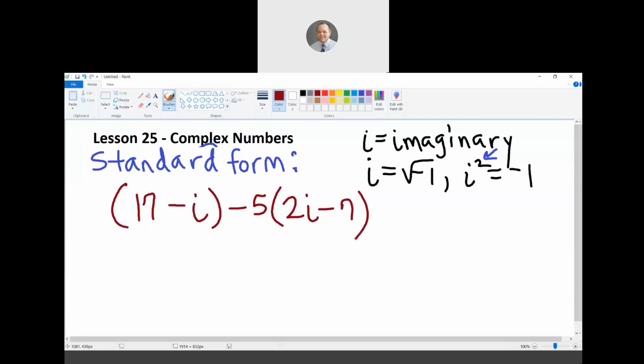Bring down the 17 minus 1i and distribute the negative 5 times everything in the second pair of parentheses.